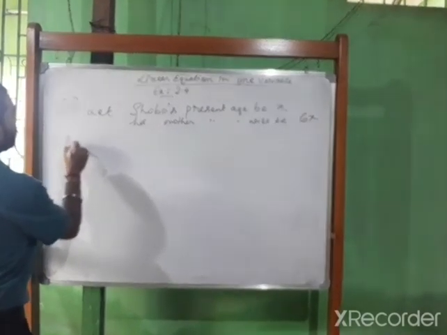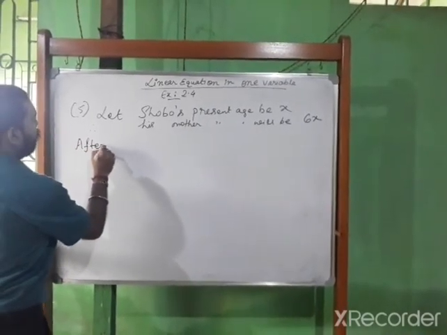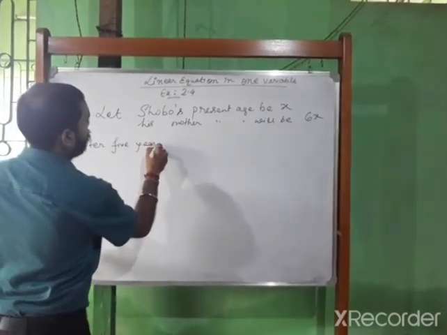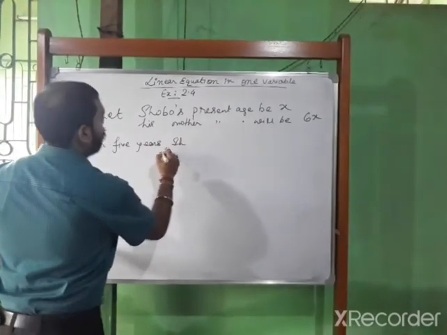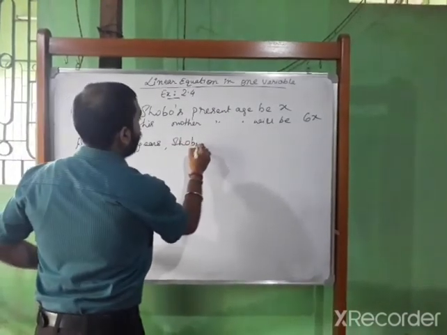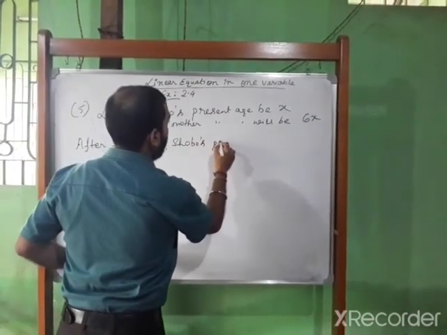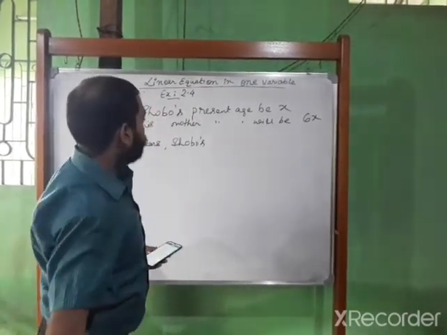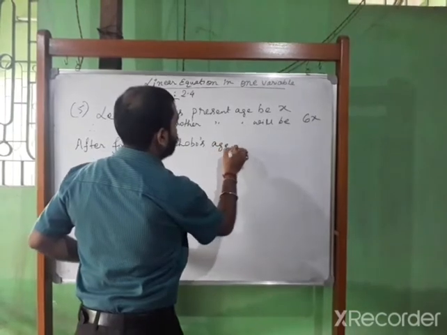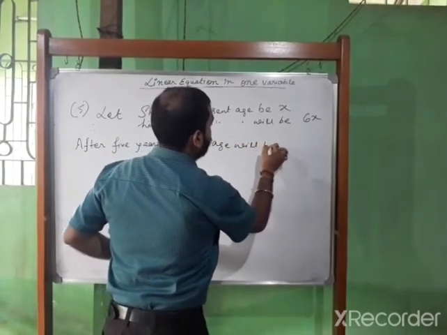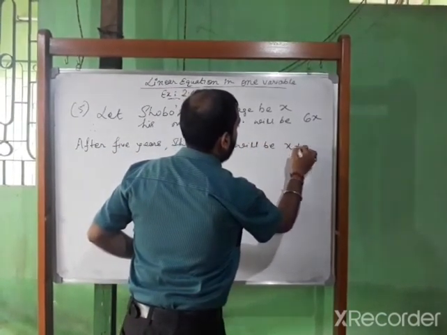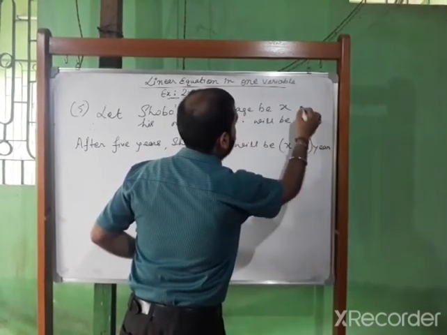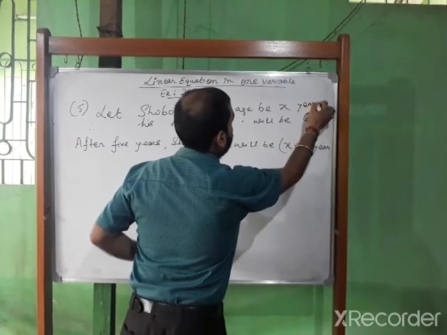So after 5 years, Shabu's age will be x plus 5 years.